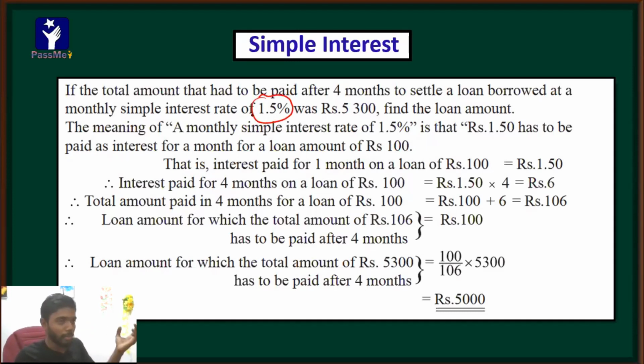If I took 100 rupees, after 1 month I need to pay an additional 1.5 rupees, but I have 4 months. That means I can calculate the additional amount that I need to pay after 4 months. You just multiply 1.5 with 4.